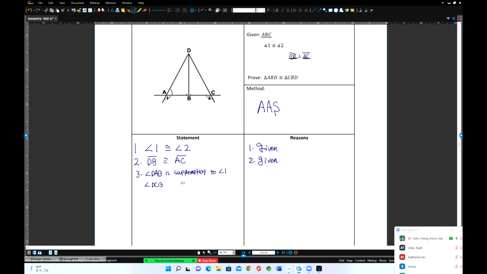Angle DCB is supplementary to angle 2, because these two angles on this straight angle form a linear pair.